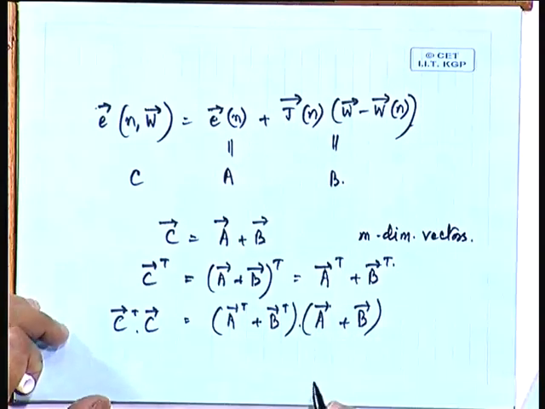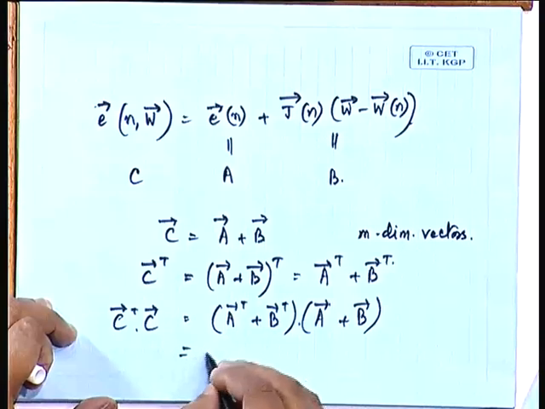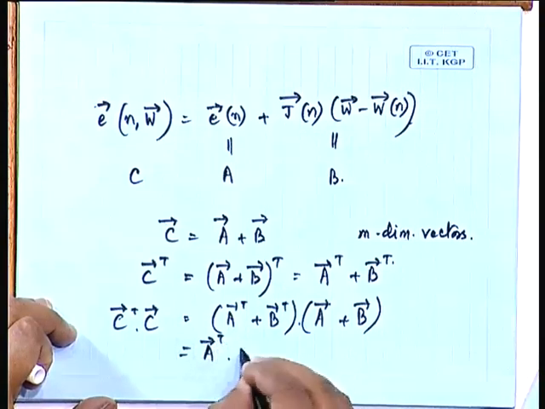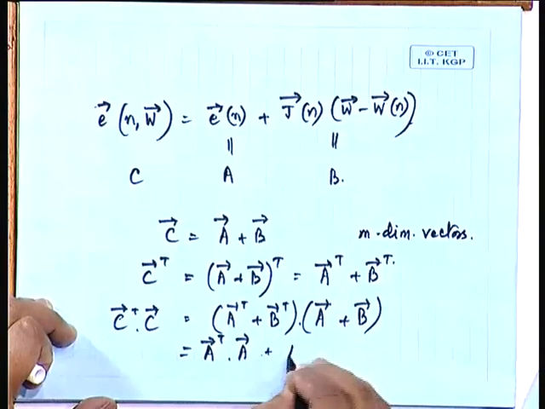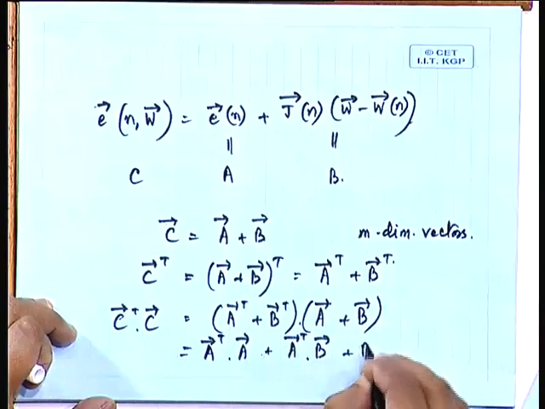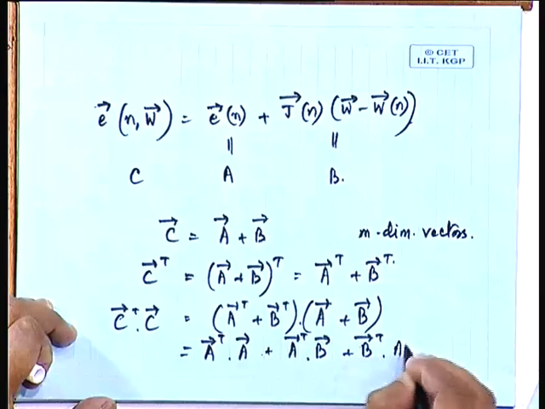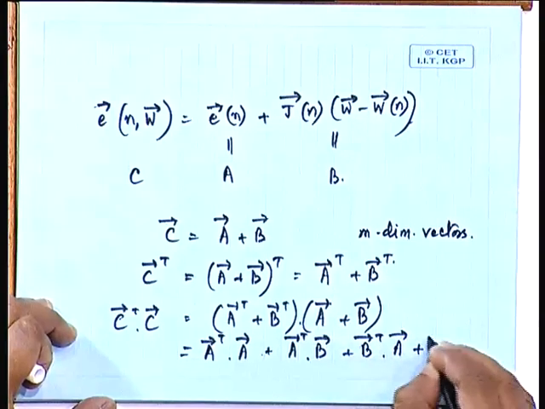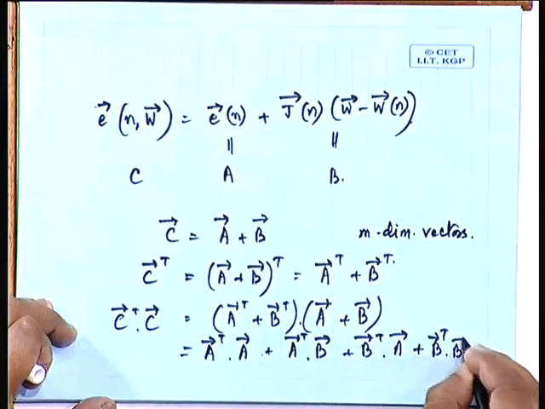If you expand this, then what happens is A transpose A plus A transpose B plus B transpose A plus B transpose B.